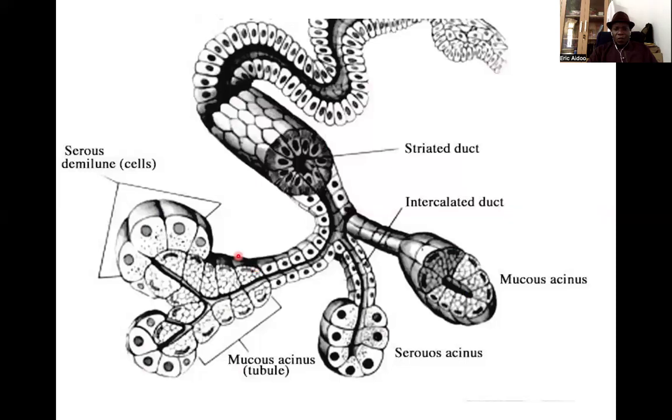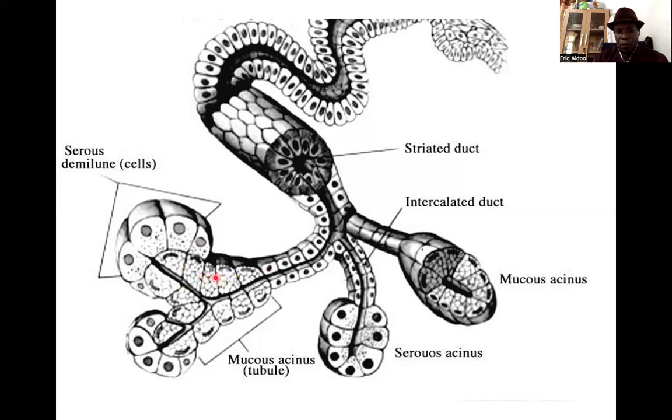Now, this is going to describe how you can have a mixture of secretions, like we have with seromucous glands, like the submandibular and the sublingual glands. If you say you have a mixture of mucous and serous secretory portions, we mean that a portion of your manufacturing unit contains what?